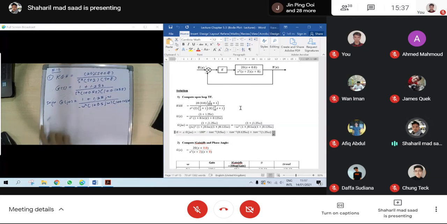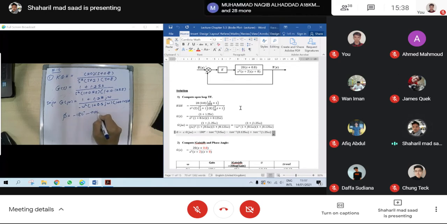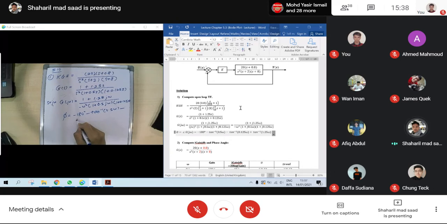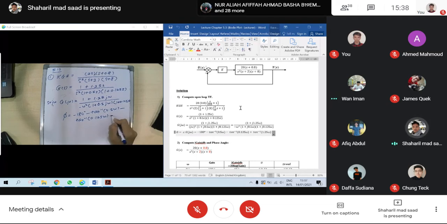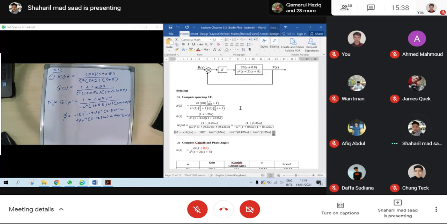And then for the phase shift, what we got is minus 180 degrees, minus inverse tangent 0.5ω, minus inverse tangent 0.125ω, plus inverse tangent 1.25ω.